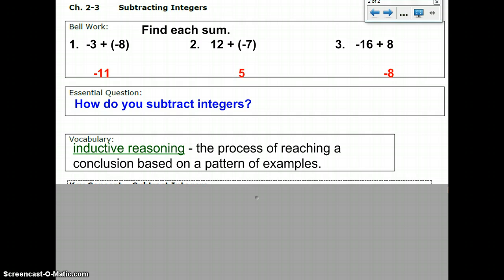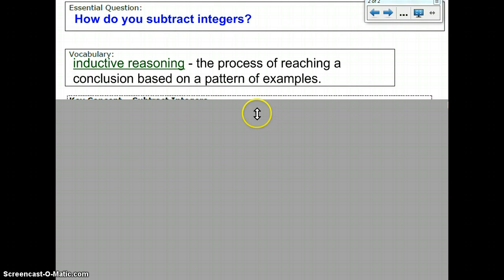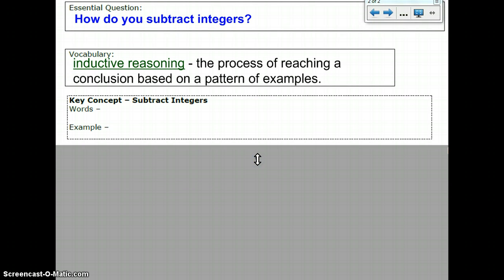We only have one key concept for today. It's basically simply how to subtract integers. Please write down that in order to subtract integers, you add the additive inverse.